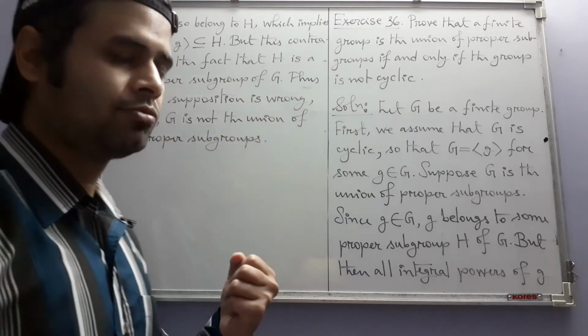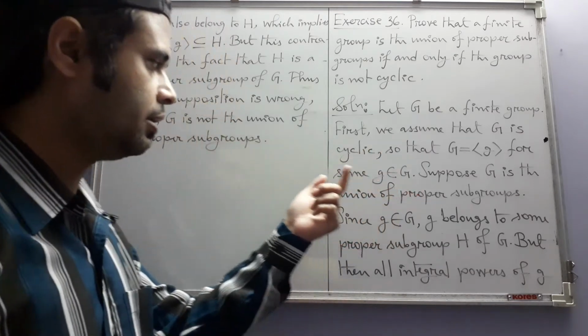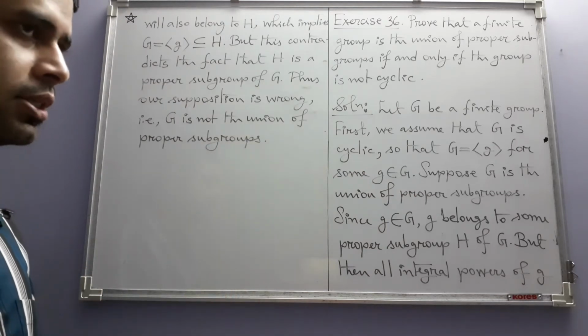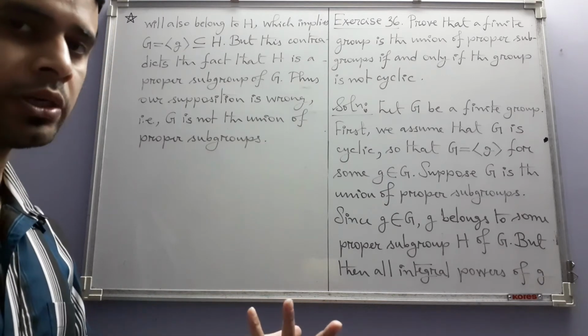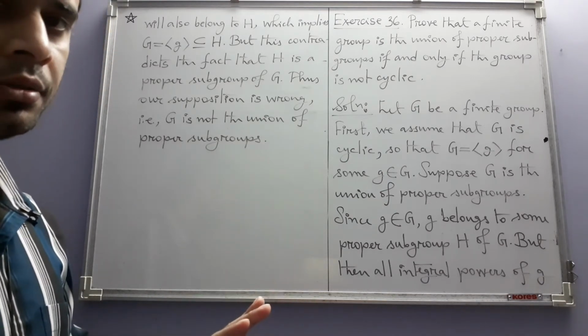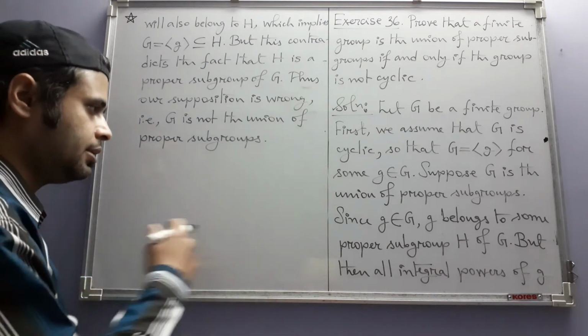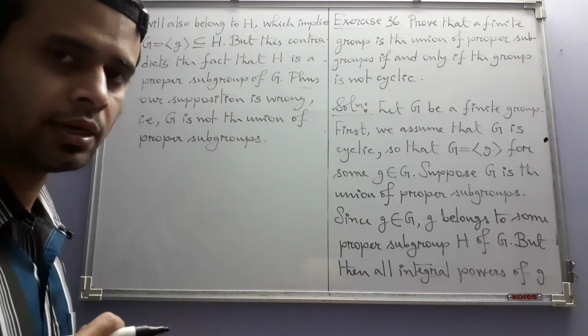Okay, so what have we shown here? We have shown that if G is cyclic, then it is not the union of proper subgroups. What is the contrapositive of this statement? If G is the union of proper subgroups, then it is not cyclic. So equivalently we have shown that also, because any implication and its contrapositive are logically equivalent.